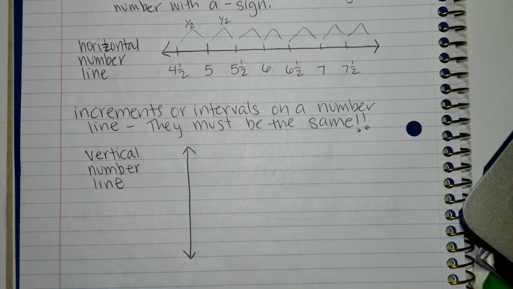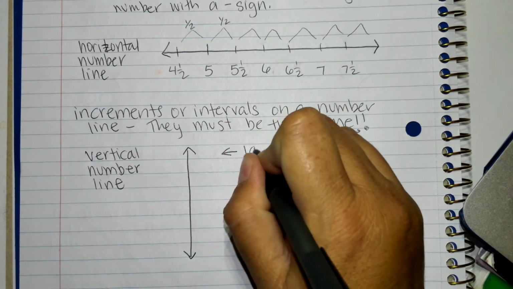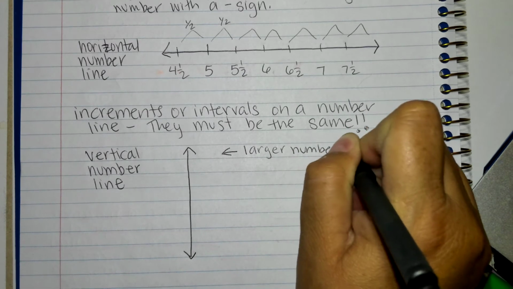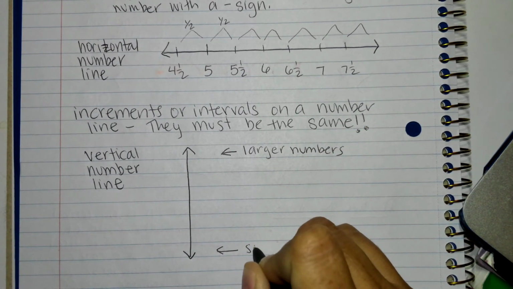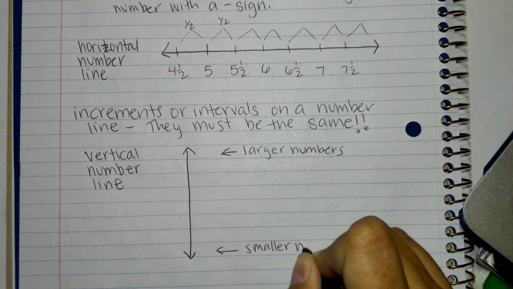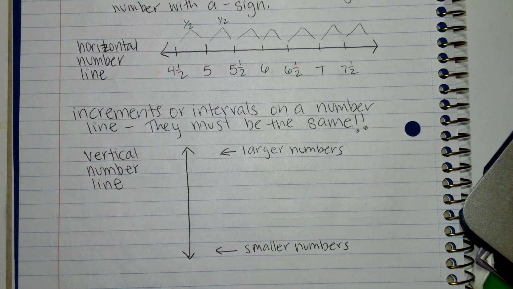And always at the top are your larger numbers, and always at the bottom are your smaller or lesser numbers. Always. I often see students still flipping their vertical number line.